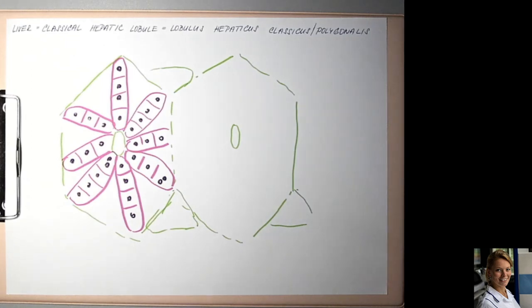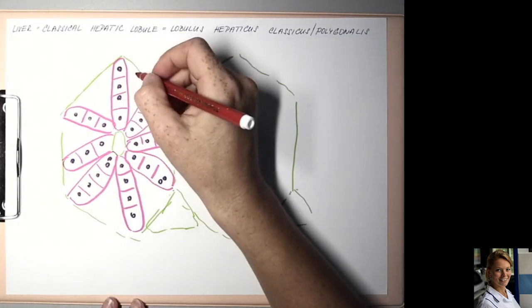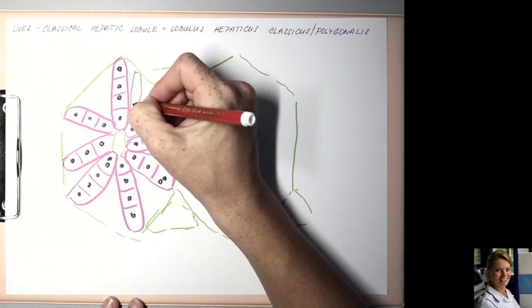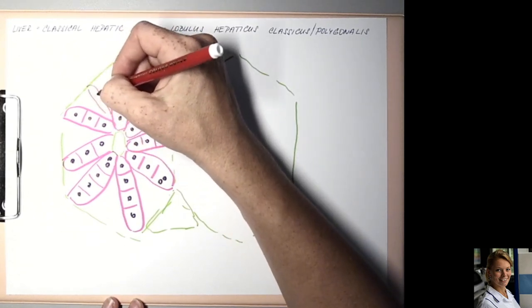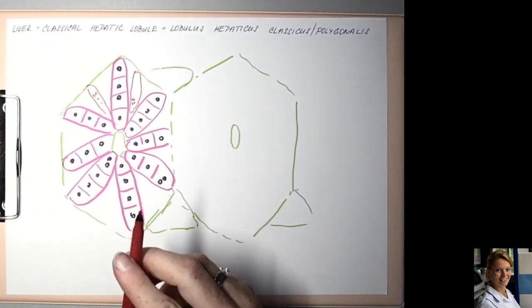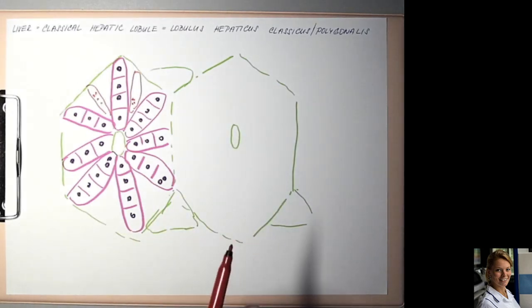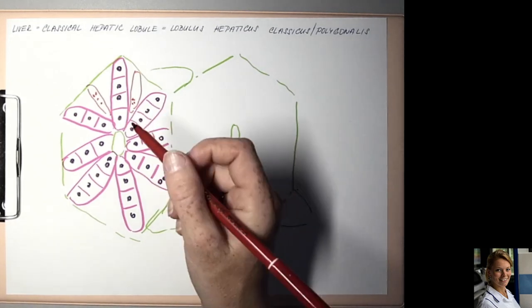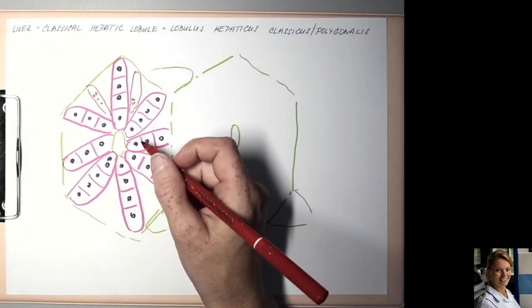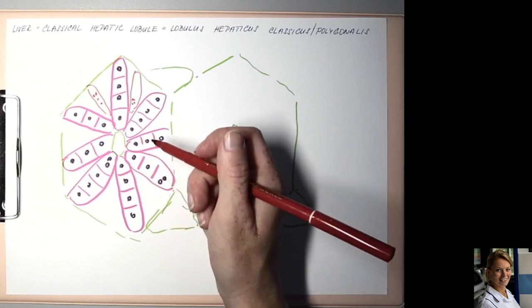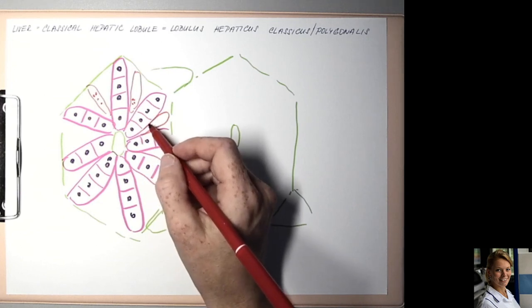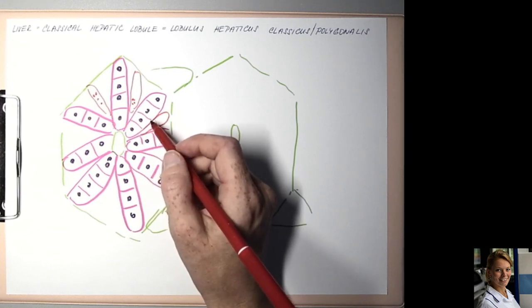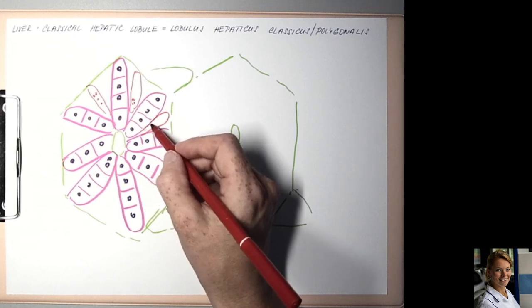And between the hepatocytes there are sinusoids. Sinusoids are capillaries whose endothelial cells contain fenestrations and pores, and their basal lamina is non-continuous, and the sinusoids are located alongside the plates of hepatocytes.